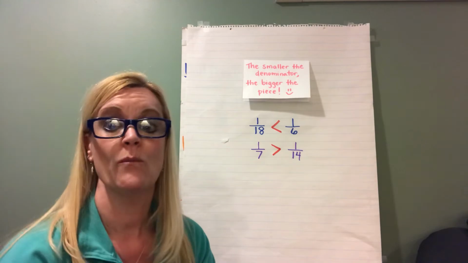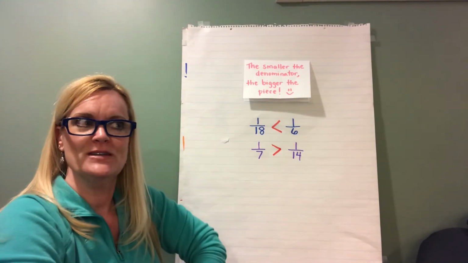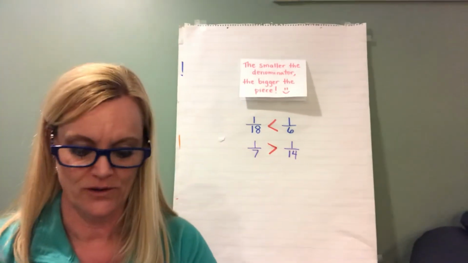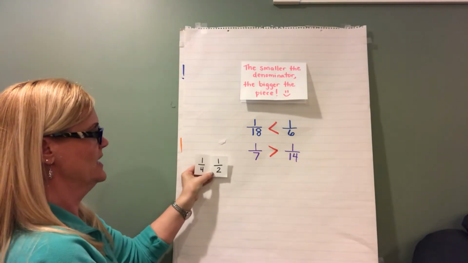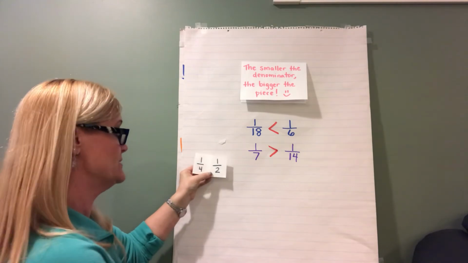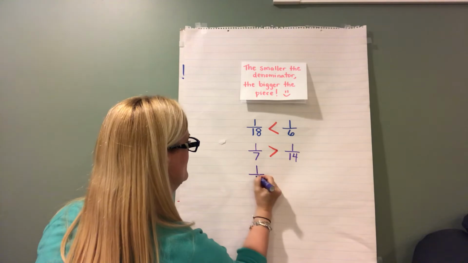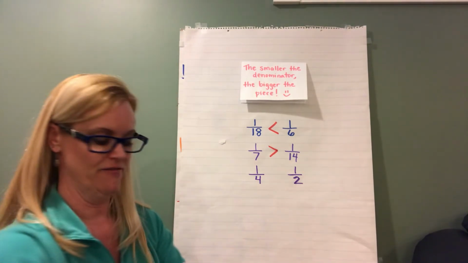Okay, let's do one more. We'll do it really quick. 3 is a nice number of examples. Ooh, good one. Okay, I have 1/4 versus 1/2. So 2 fractions, both with pretty small denominators. So let's write that down. 1/4 and 1/2.